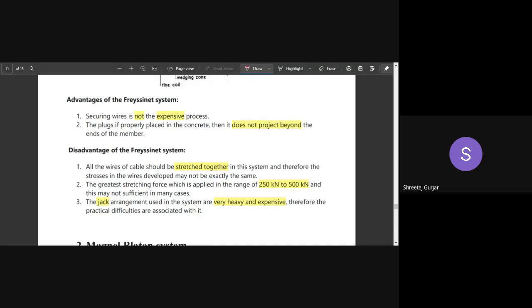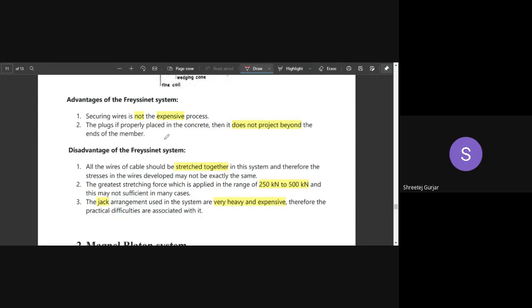At that time this system was applicable, but nowadays this amount of stretching, in the range of 250 kilonewton to 500 kilonewton, is not enough. So this is a disadvantage of your Fresnel system.